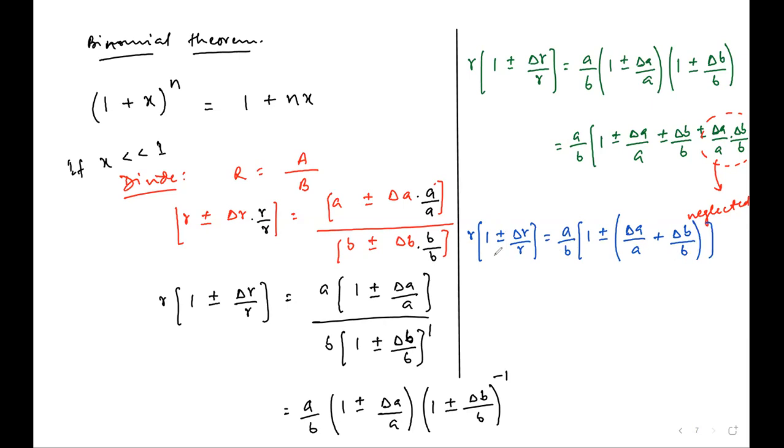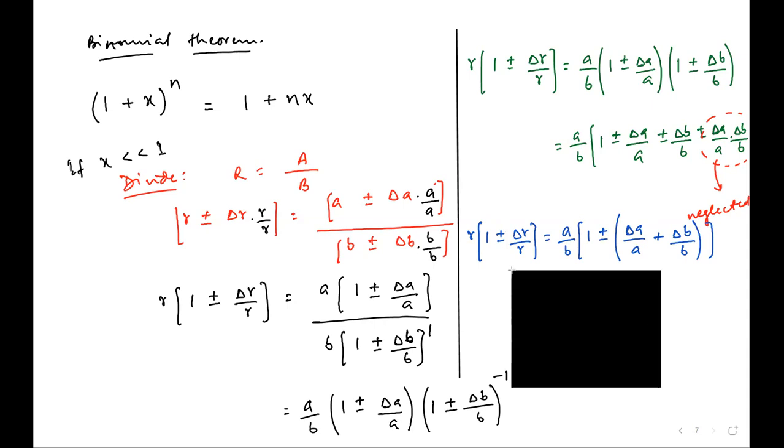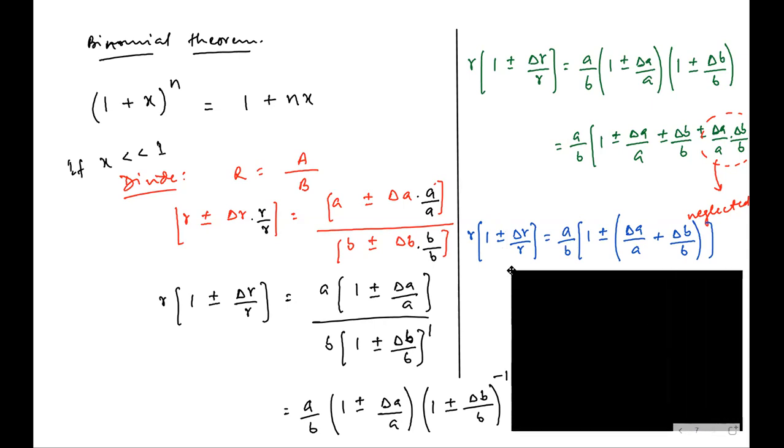Now just compare these two parts. On comparing, first, R is the coefficient of this part, so it will be equal to this only. So R is equal to A divided by B as the true value. This part will be equal to this part.